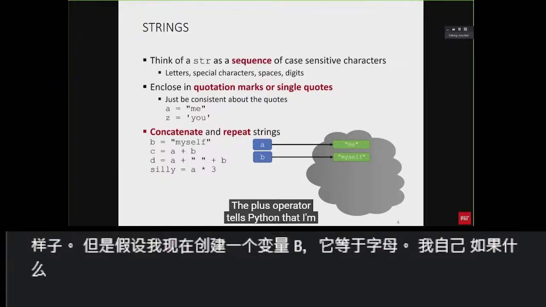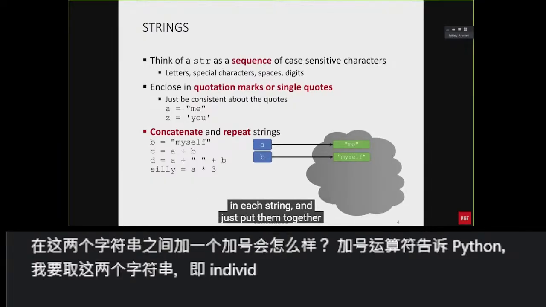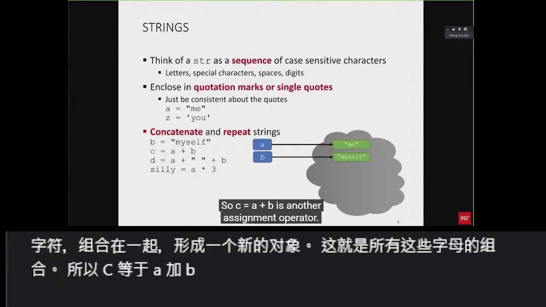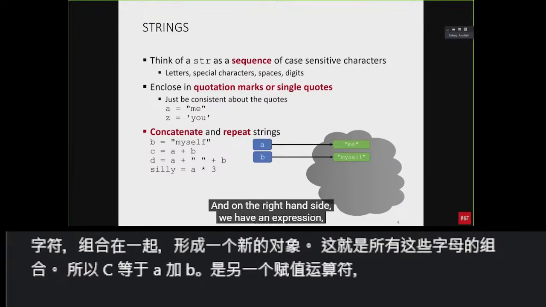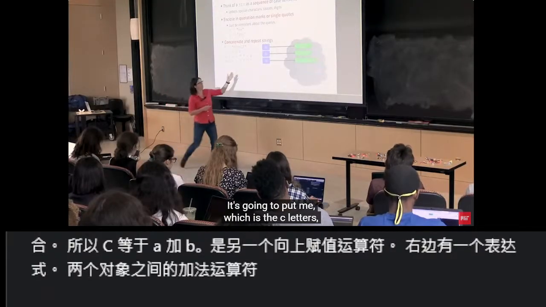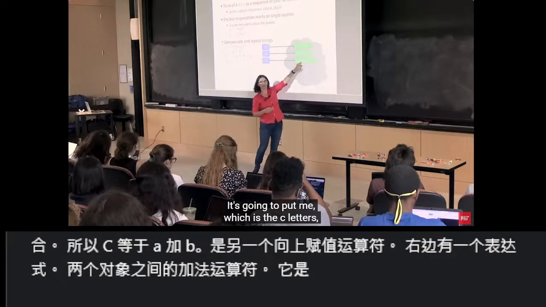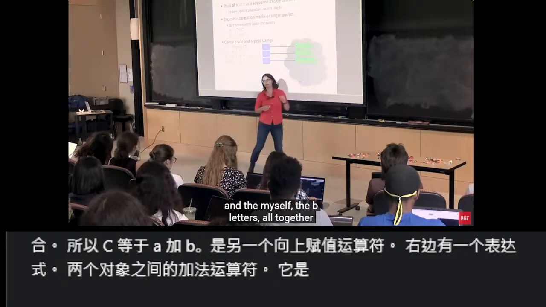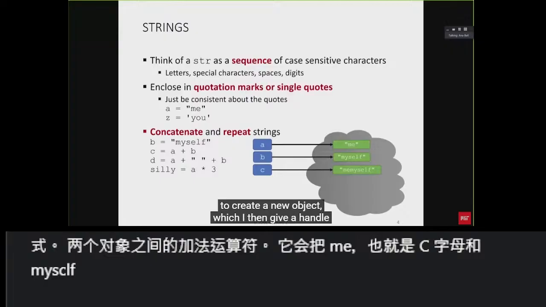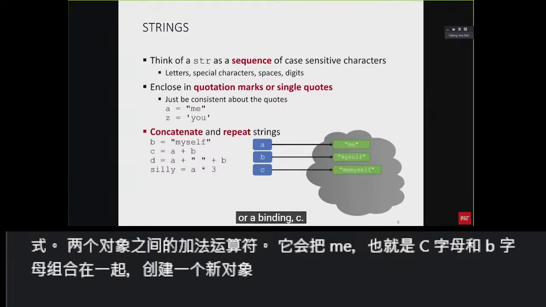The plus operator tells Python that I'm going to take these two strings, the individual characters in each string, and just put them together to make one new object that is all of these letters put together. So c is equal to a plus b is another assignment operator. And on the right-hand side, we have an expression, plus operator between two objects. It's going to put ME, which is the a letters, and the MYSELF, the b letters, all together to create a new object, which I then give a handle or a binding c.